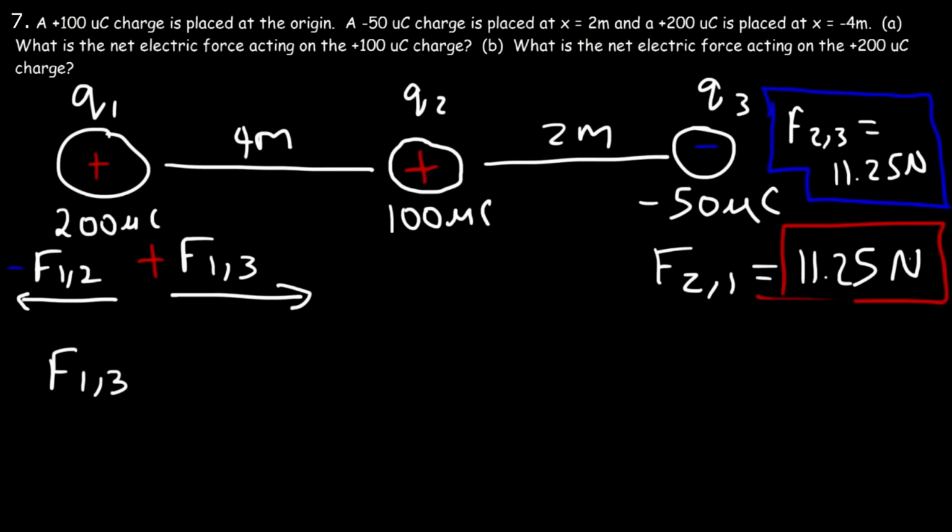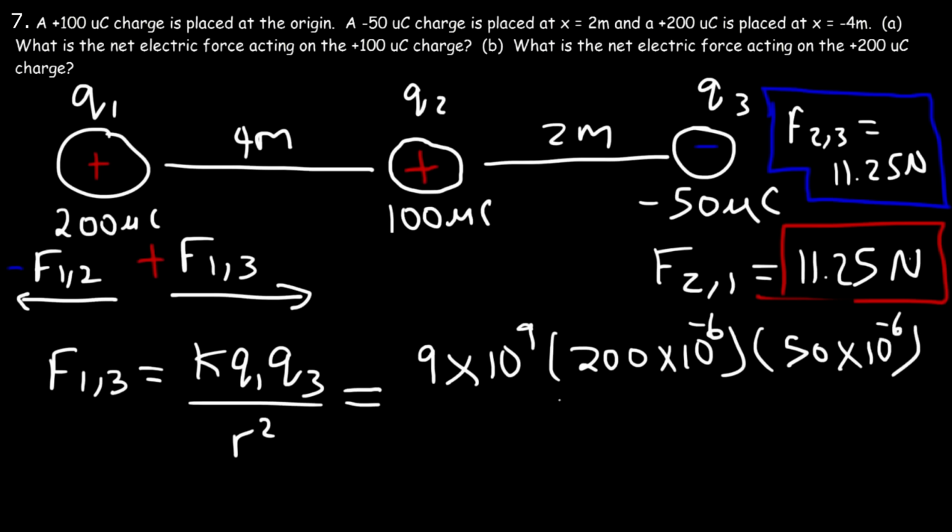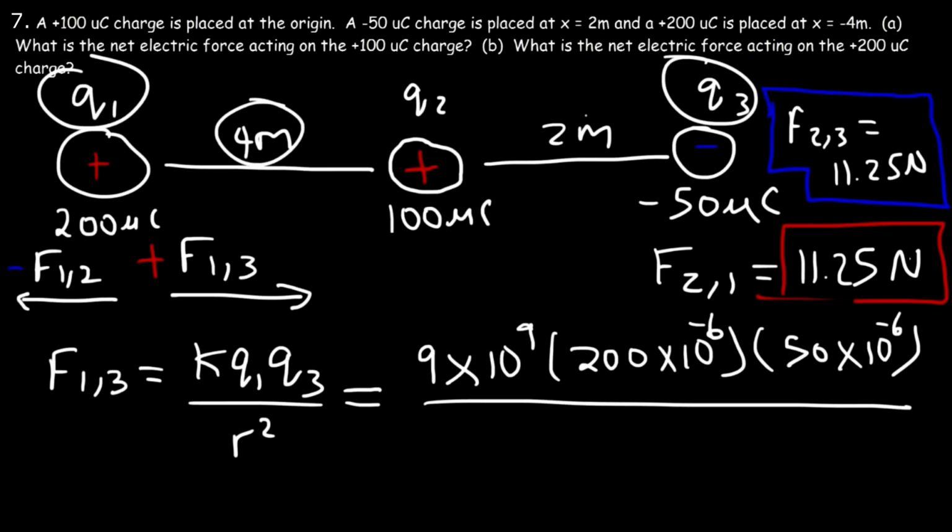So F1,3 is going to equal K Q1 Q3 divided by R squared. Now K is 9 times 10 to the 9. Q1 is 200 times 10 to the minus 6. Q3 is 50 times 10 to the minus 6. And the distance between Q1 and Q3 is 4 plus 2, or 6 meters.